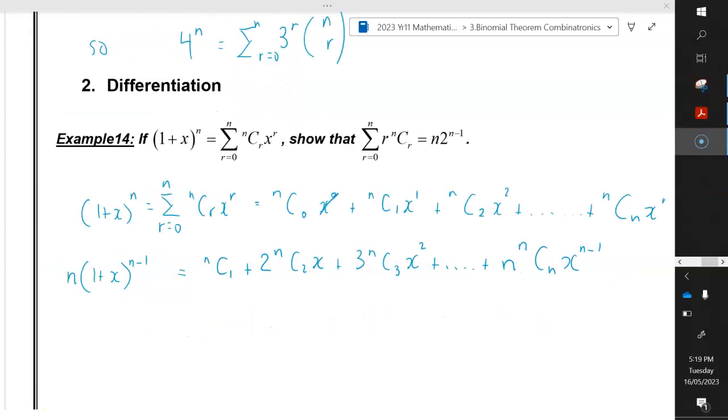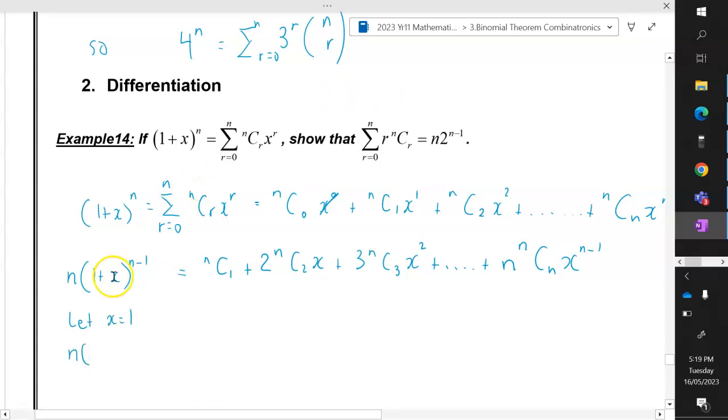I'm nearly there with my proof. What you will see is this side here, n times 1 plus x to the n minus 1, looks very similar to this part here. If I let my x be equal to 1, I will end up with 2. So let's let x equal 1. So I get n, in here 1 plus 1 is 2.